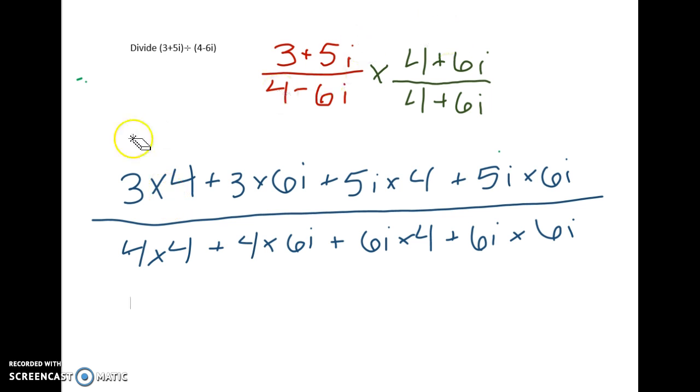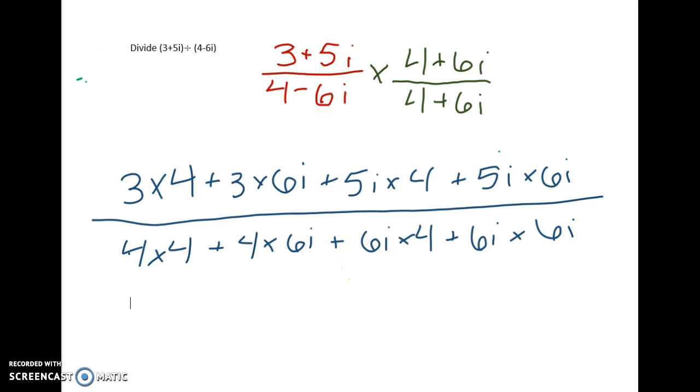So let's recap. We did the first terms, 3 and 4, the outer terms, 3 and 6i, the inner terms, 5i and 4, and the last terms, 5i and 6i, and we did the bottom as well. For 4 times 4 being the first terms, outer terms, 4 times 6i, the inner terms, 6i, oh, that should be a negative.